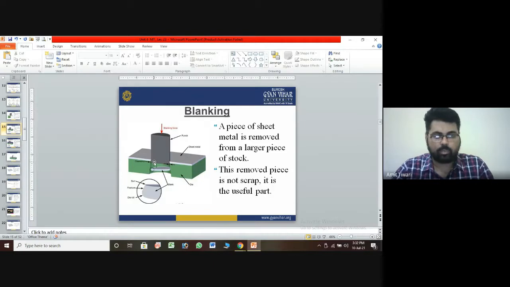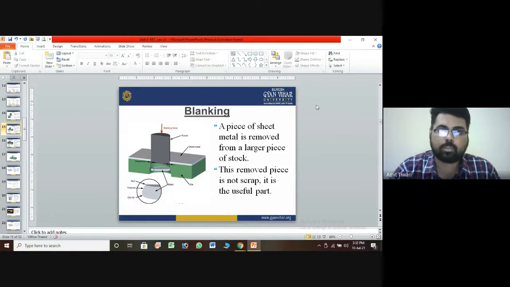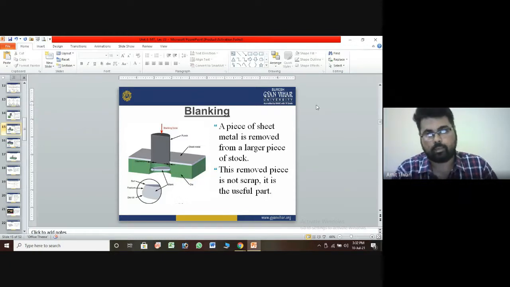The shape is removed from the larger part, and that removed single piece is known as the blanking operation, because whatever dimension you give the die, it converts the material into that shape. It is a technique to fabricate the desired material.